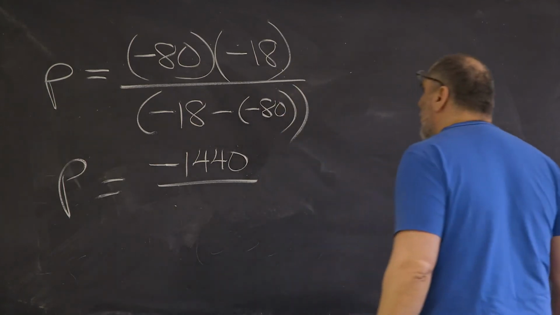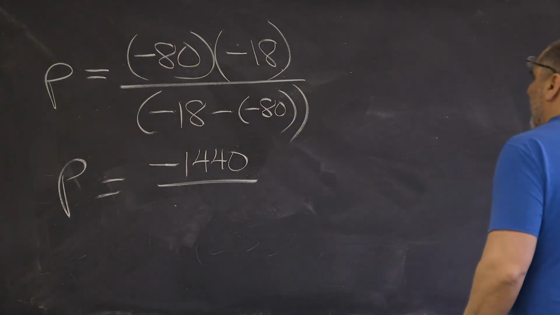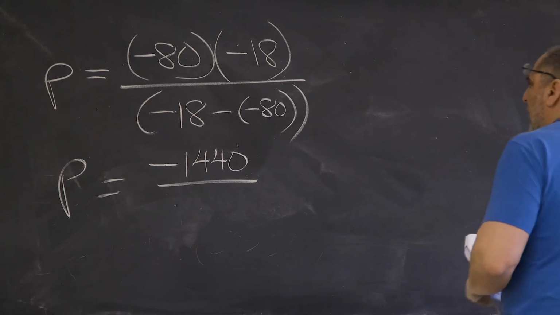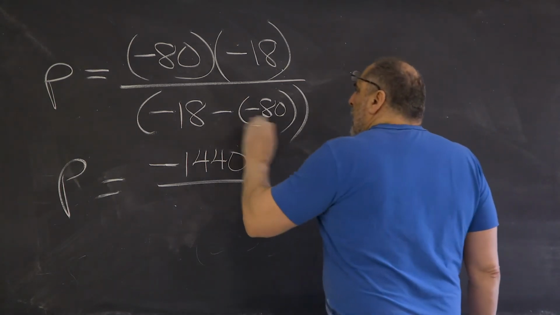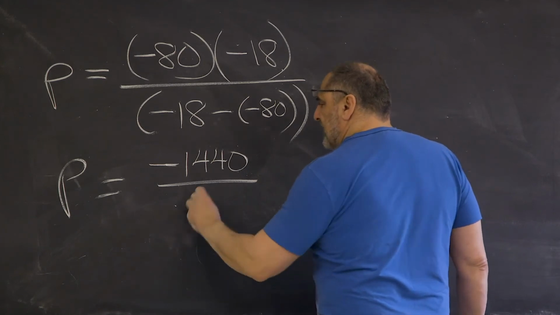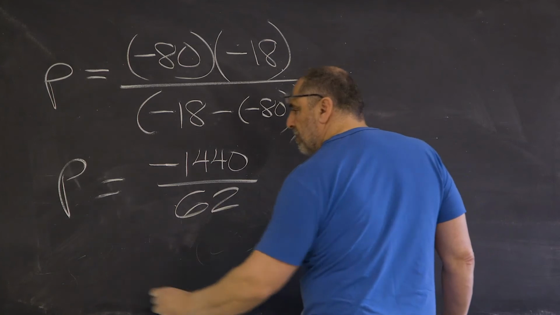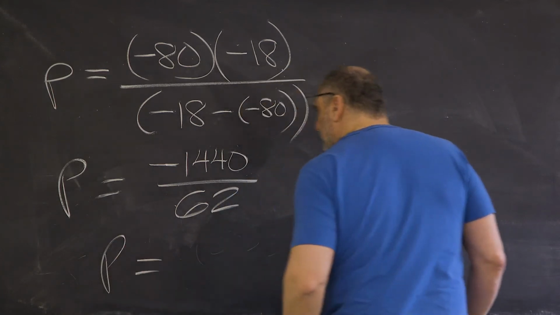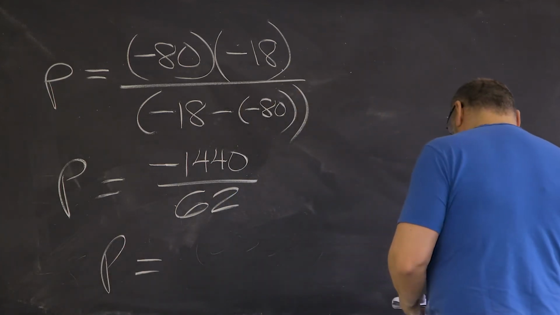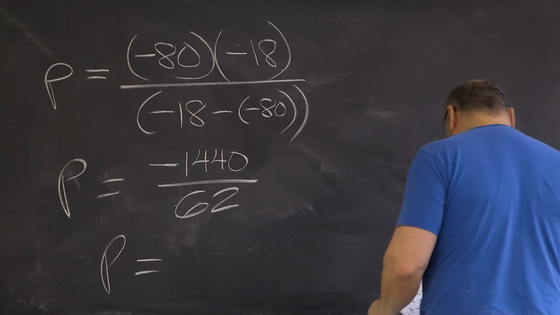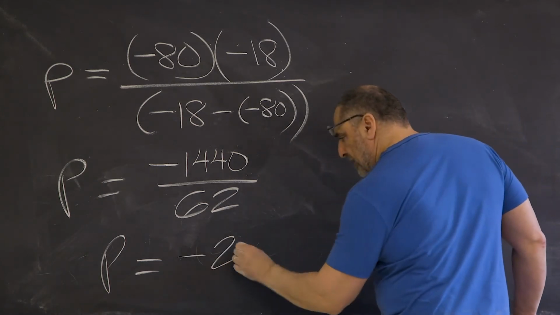Let's look at it a little bit. Yeah, that should be right. When we're looking at something like this, 72, 144, I think it's about right. Go here, and you get 62. At the end of the day on all of that, you got negative 23.23.